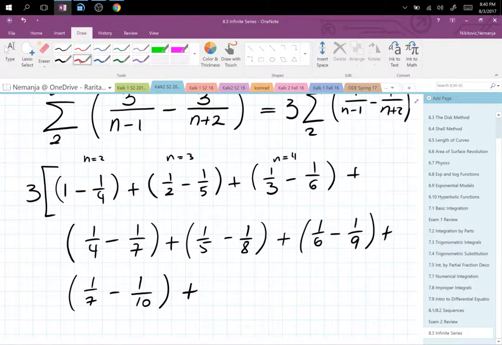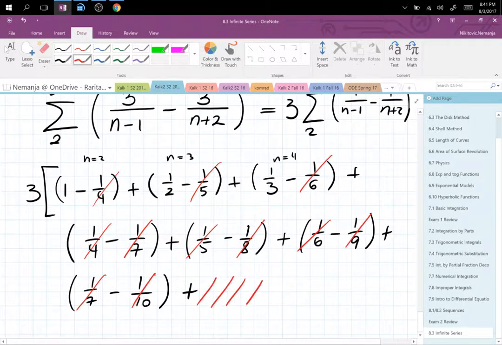You see how 1/4 cancels a quarter, and then a 1/5 cancels here, and then a 6 cancels there, and then this 7 is the first time when you cancel in the same parenthesis. That means when you hit that point, all of the other ones will immediately cancel in your dot dot dot part. That's where they all cancel. Now you have 1, 2, 3, 4, 5, 6, 7 parentheses.